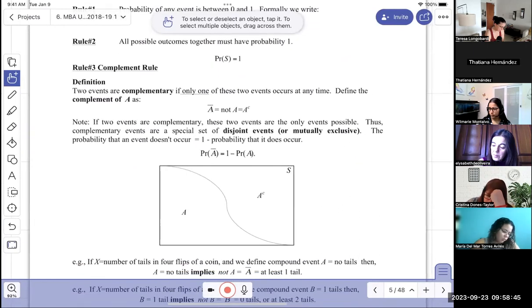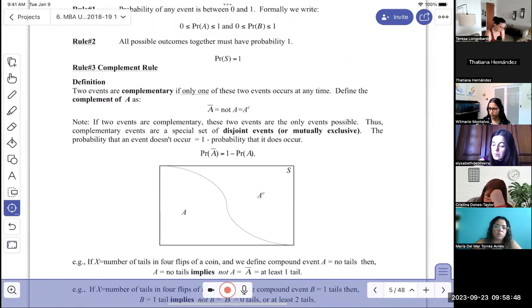And it's that 2 events are complementary if only one of them can occur. So in other words, if I know the probability of outcome A, then I must automatically know the probability of outcome B, or in this case, A^c, not A. The little c represents the opposite event if there's only 2 complementary events.